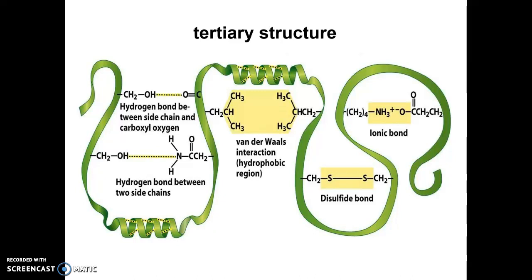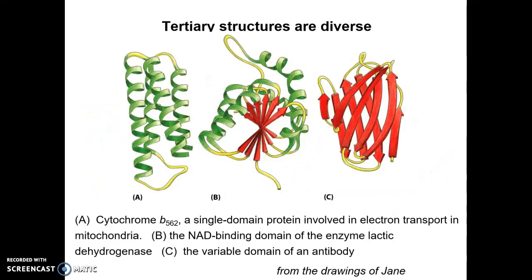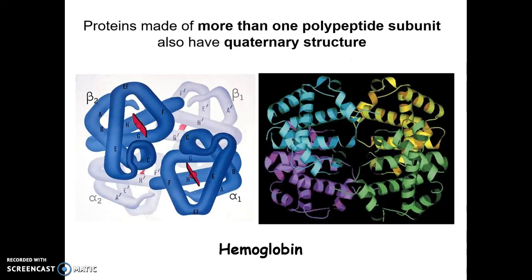So the disulfide bonds give an overall rigidity to the structure. And then these tertiary structures can be all kinds of different things. Like you can have a lot of alpha helices interacting with each other, or a lot of beta sheets interacting with each other. And then quaternary structure, the last one, is more than one protein interacting.